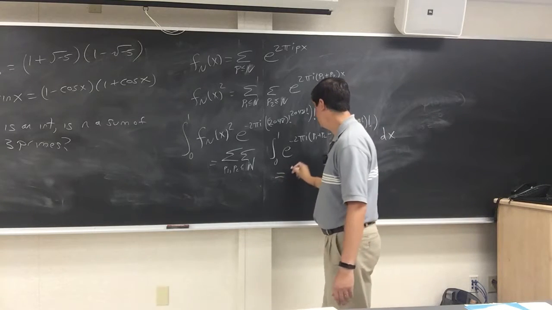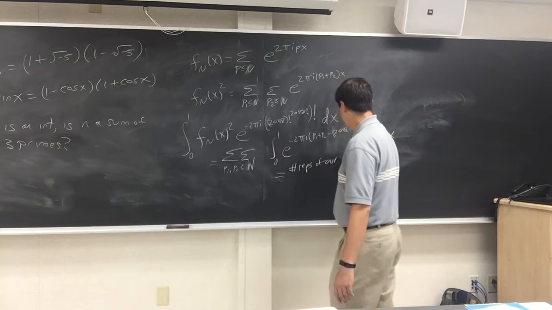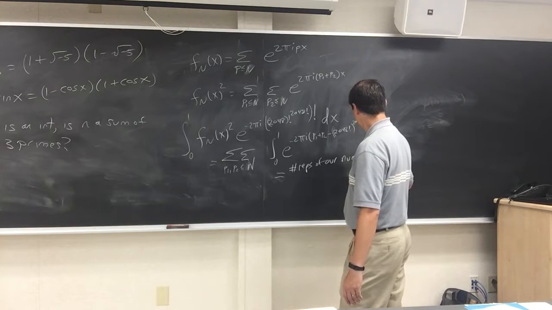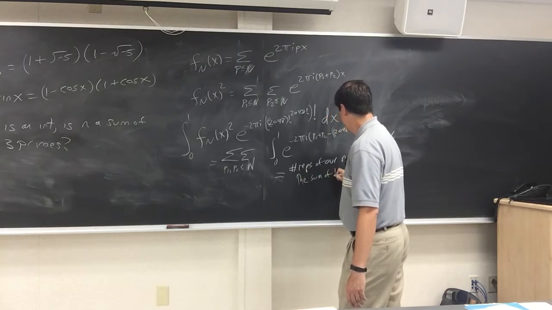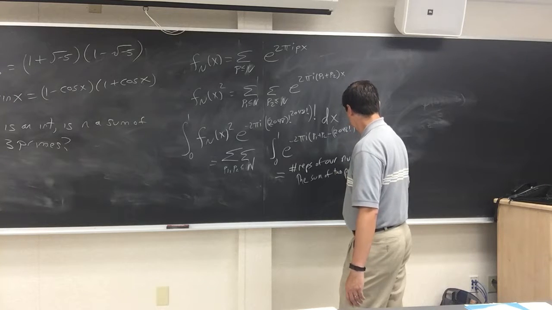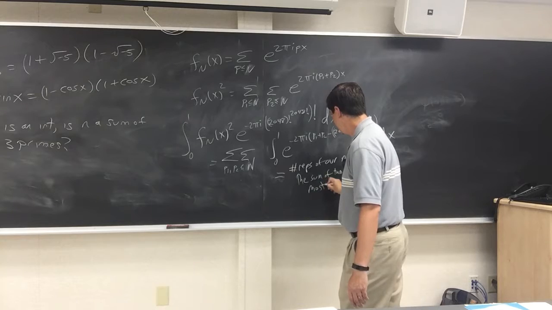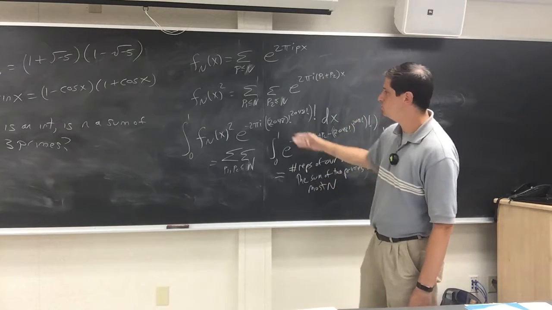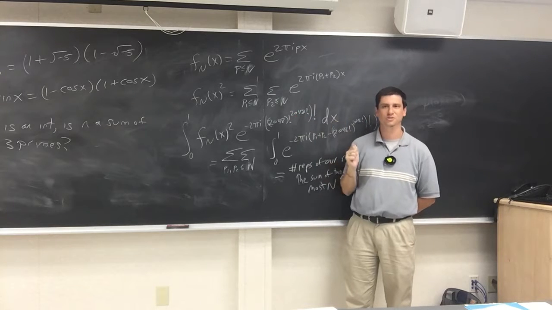So this integral is equal to the number of representations of our number as the sum of 2 primes, each at most n. And now all I have to do is make sure n is larger than 2048 factorial to the 2048 factorial factorial.